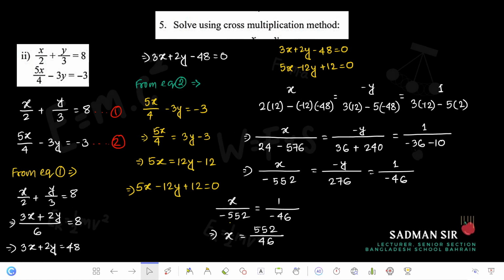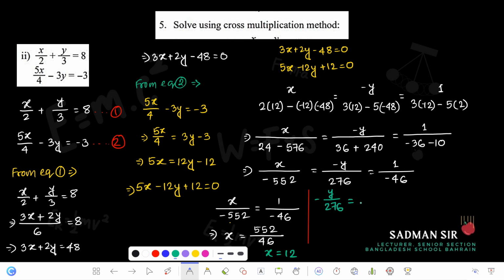Got answer to be x equal to, and for y minus y divided by 276 equal to minus 46. Okay, so minus minus we can cancel from both the side, and y equal to we can write 276 into 1 is 276 divided by 46.